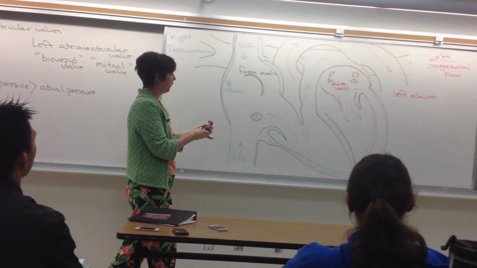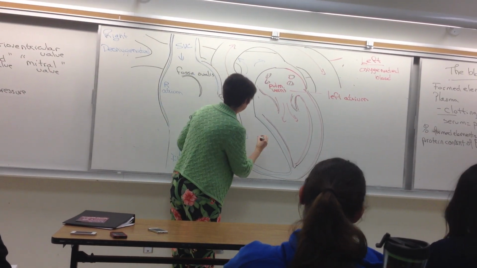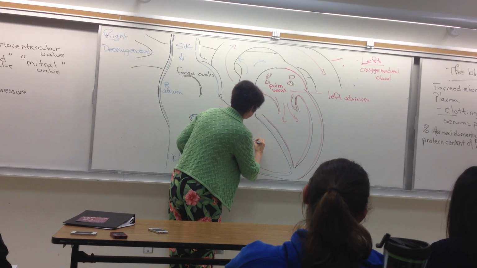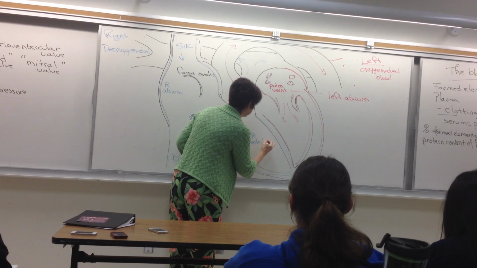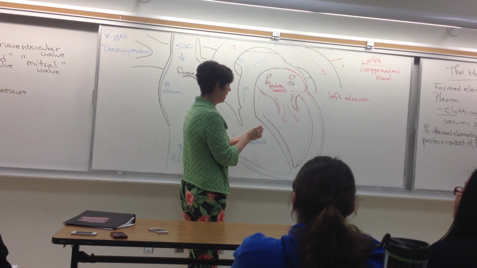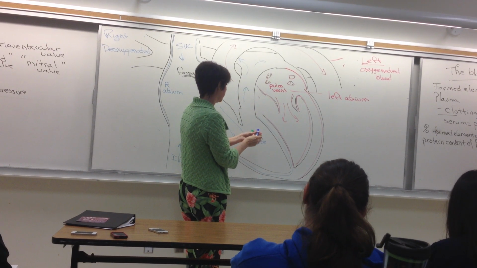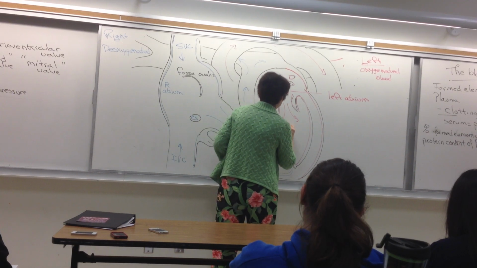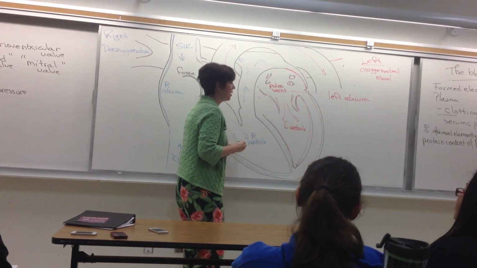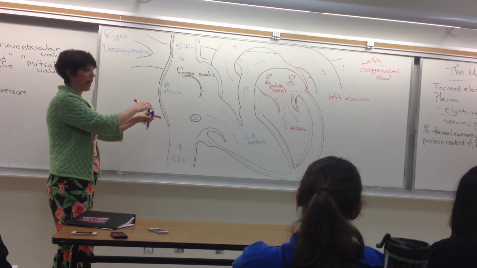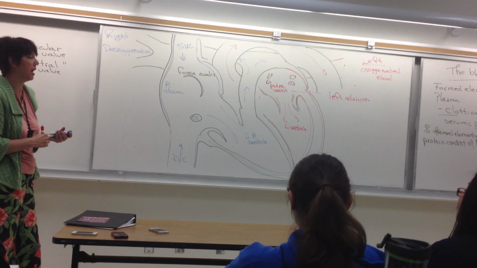So now the right ventricle will contract as it is triggered to do so by the conduction system of the heart. And the left ventricle will contract. And as they do so, it's going to close the valves and now move blood out of the heart itself.